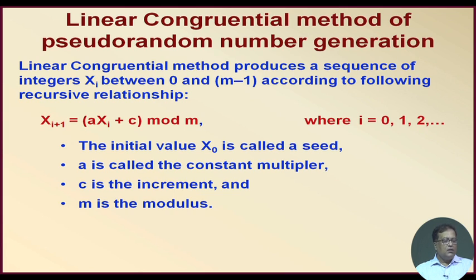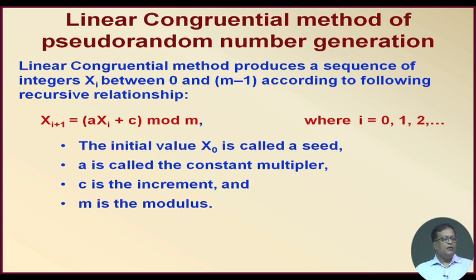This kind of generation of random numbers really follows this mathematical equation. What is that? X0 is the seed, a is called the constant multiplier, C is called the increment, and m is called the modulus.